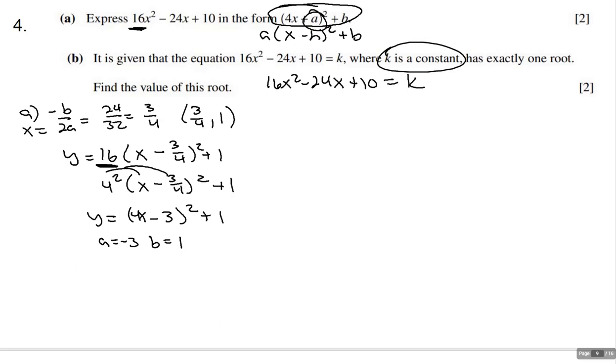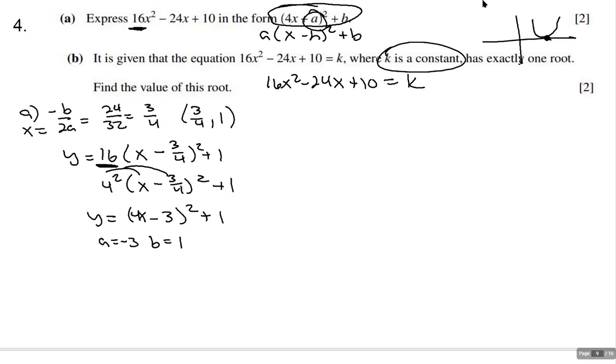All right, now this is similar to what we were doing before with the two equations, only this is just about a quadratic. And so keep in mind, when a quadratic has one root, it's going to touch the x-axis at one point. We could say it's tangent to the x-axis.